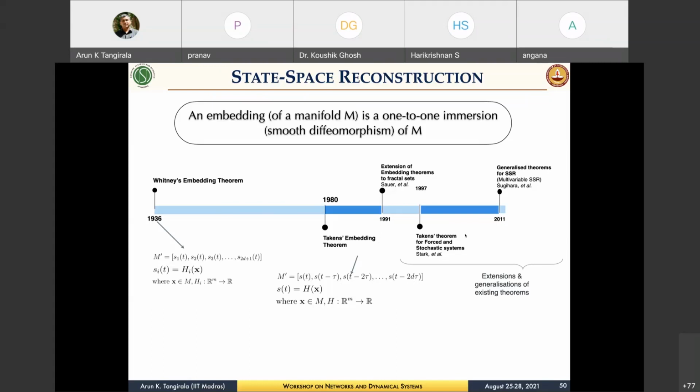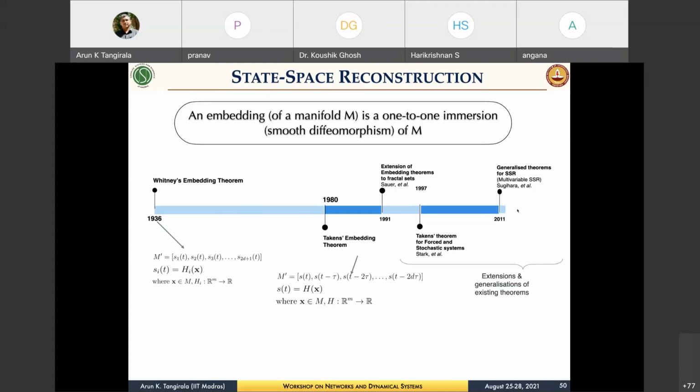Then people went ahead and combined Takens' theorem as well as Whitney's theorem and said, look, let us apply this to multivariable systems where you are measuring more than one variable, and that again is due to Sugihara. So we have used this method very recently to come up with causal discovery in multivariable nonlinear systems, which I'm not presenting here.